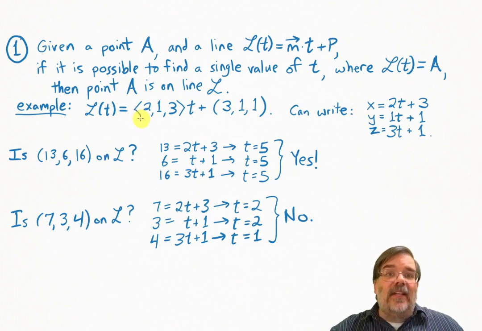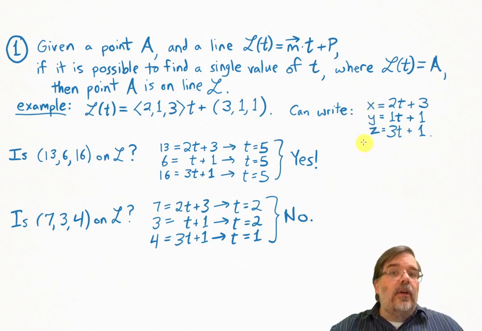For instance, the x value is given by the first components, so x is equal to 2 times t plus 3. The y component is equal to the second components here, 1 times t plus 1. And the z component is the third parts, 3 times t plus 1. And so we could change that equation into these 3 separate equations.